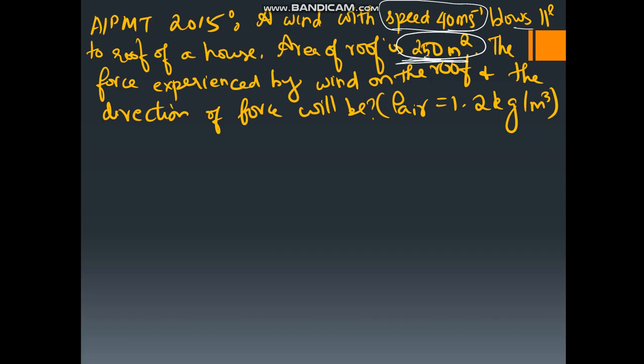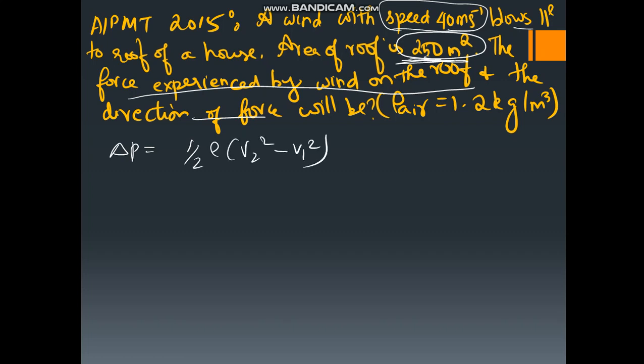The force experienced is what they are asking. So delta P is equal to 1 by 2 into rho into v2 square minus v1 square. Delta P is force by area, that is equal to 1 by 2 into rho of wind into v square, because here they have given only one speed, so you just put one speed alone.